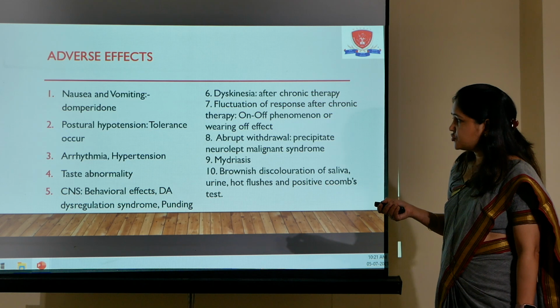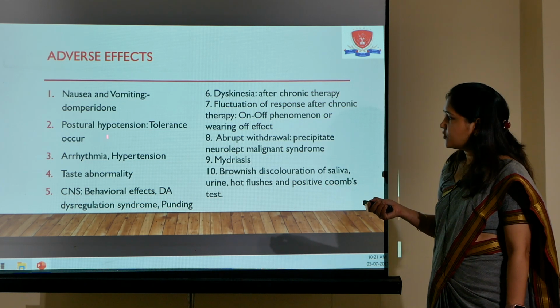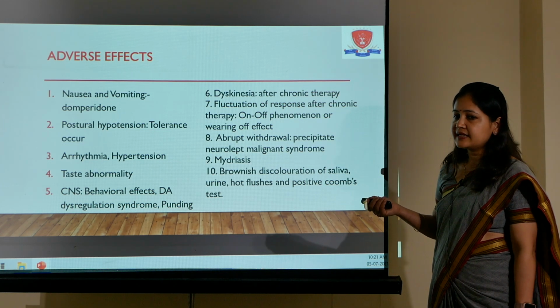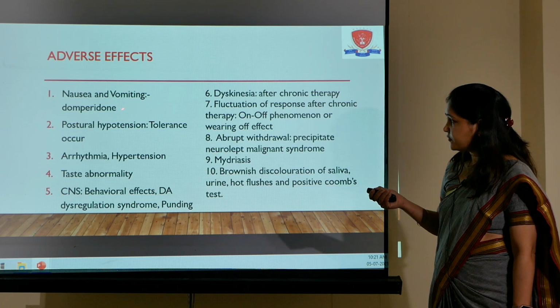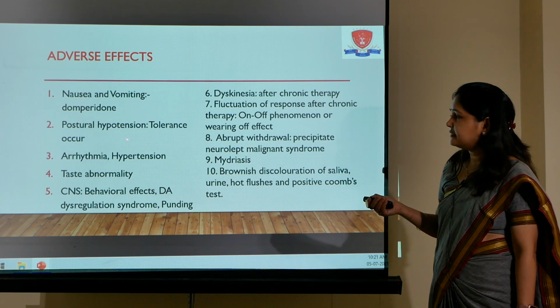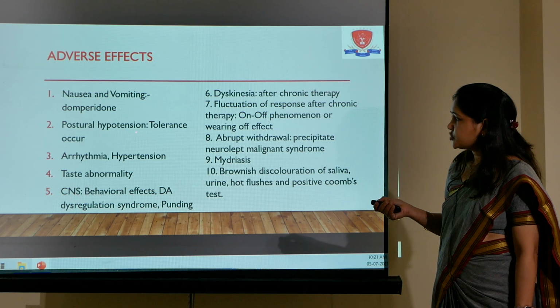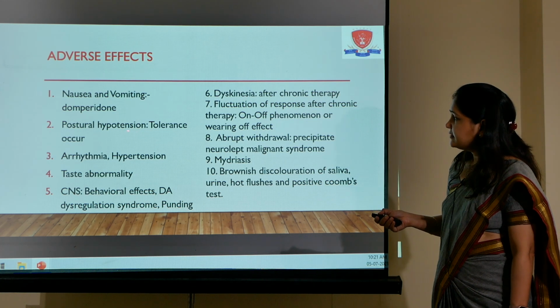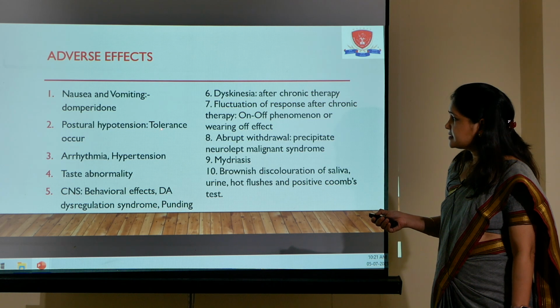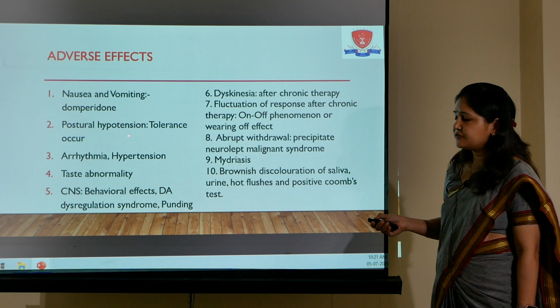It may lead to a decrease in sympathetic activity, a decrease in the release of adrenergic neurons, adrenaline and noradrenaline release will be decreased, and it may lead to postural hypotension. But gradually tolerance will occur to this side effect.